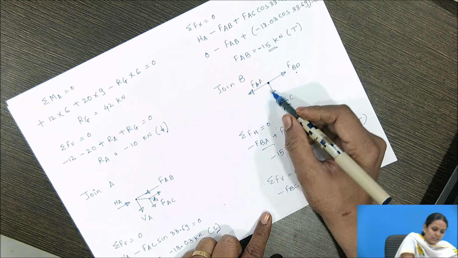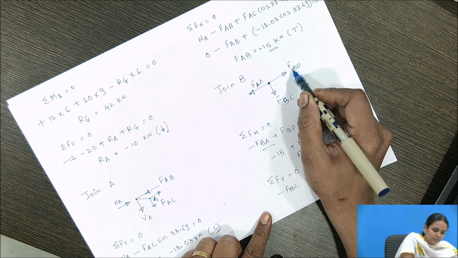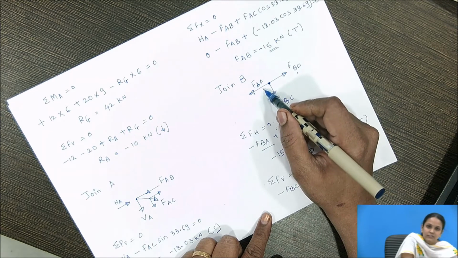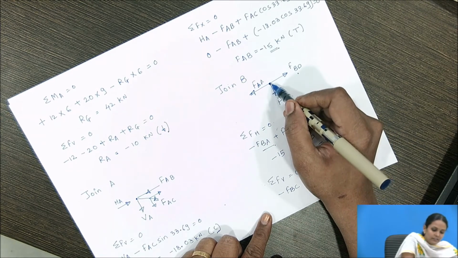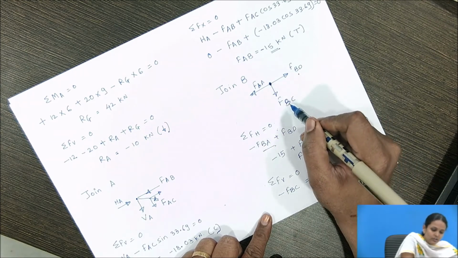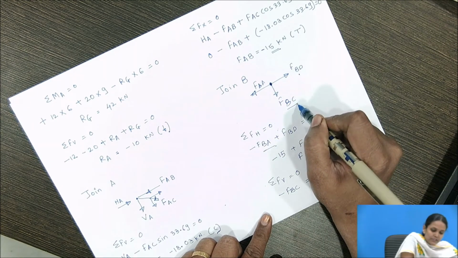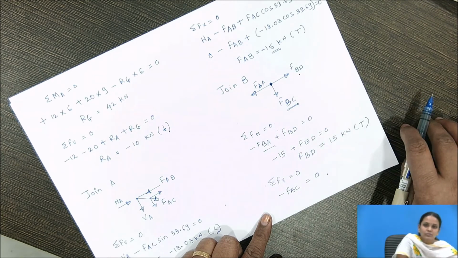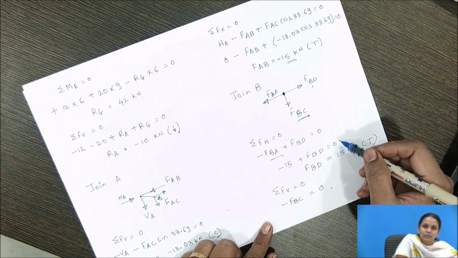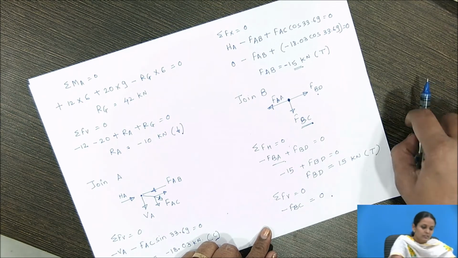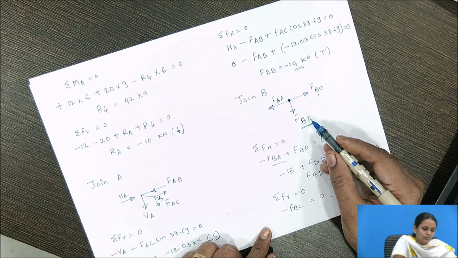So here you can see in joint B, force AB and force BD are parallel to each other, isn't it? And at this joint B there is no external force. So for this reason we got the force in member BC is 0. So likewise we have to find out the zero force members from the truss.